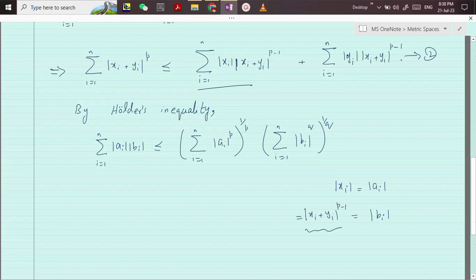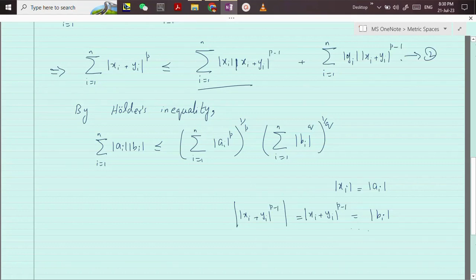Because this is a non-negative term, |xi + yi|^(p-1), its modulus is the same.